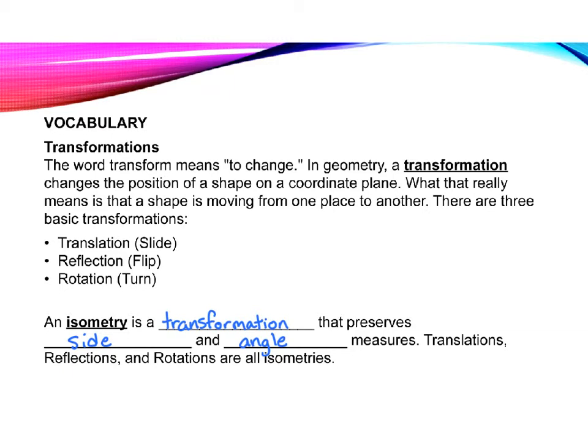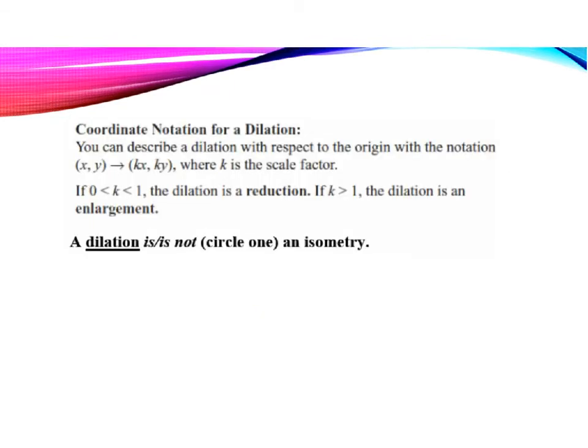You did not see the angle measurements or the side lengths of the shape change at all. They should have stayed the same. Otherwise, something went wrong with the translation rule or some other transformation rule that you did on your figure. The only other type of transformation that I have left is called a dilation, and that's what we're about to look at.